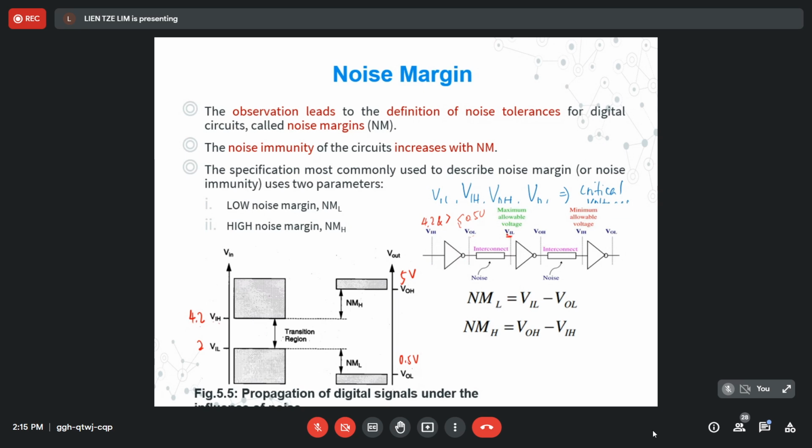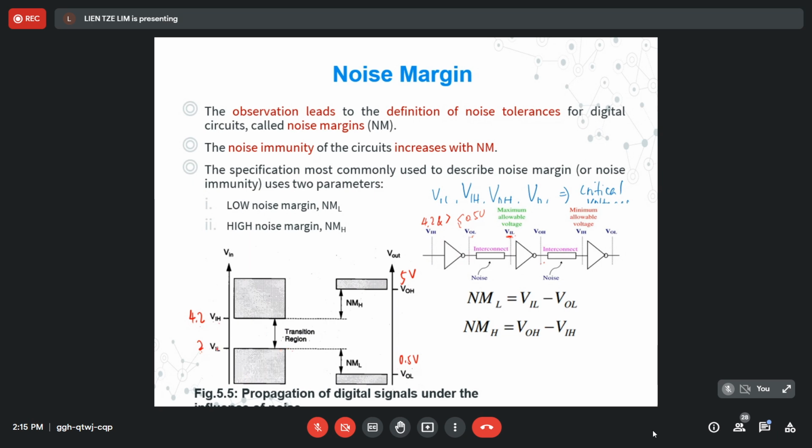So the value of VIL must be within the range of 2 or below. If the voltage is increased or amplified by noise above 2 volt, then the output will not be correct.